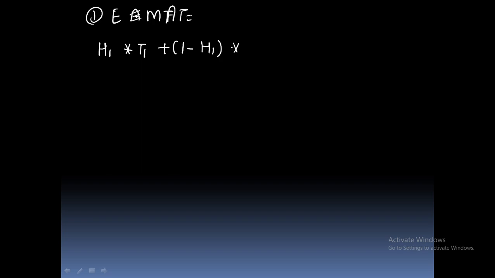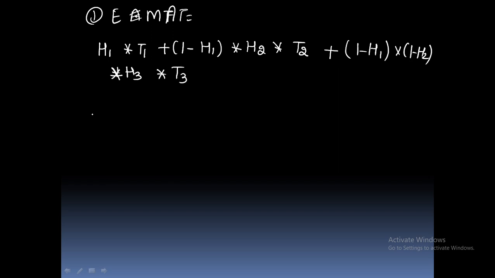Now I am going to solve it. Formula will be effective memory access time, that will be equal to H1 multiply T1 plus (1 minus H1) multiply H2 multiply T2, then plus 1 minus H1 multiply 1 minus H2, then multiply H3 and then multiply T3.